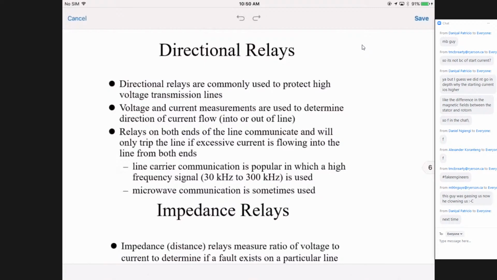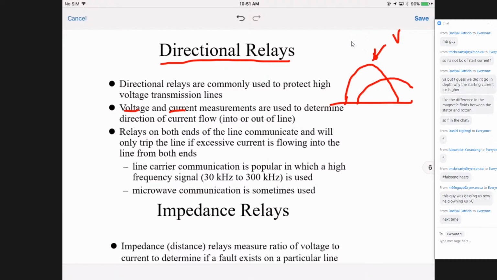In the directional relay, we use the voltage and current, because most of the load is lagging. You have a voltage here, and the current is lagging because most loads are inductance and resistance.